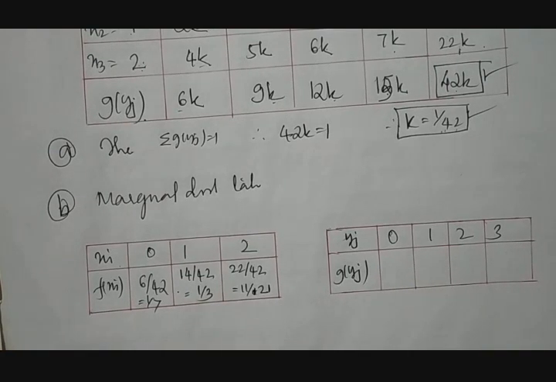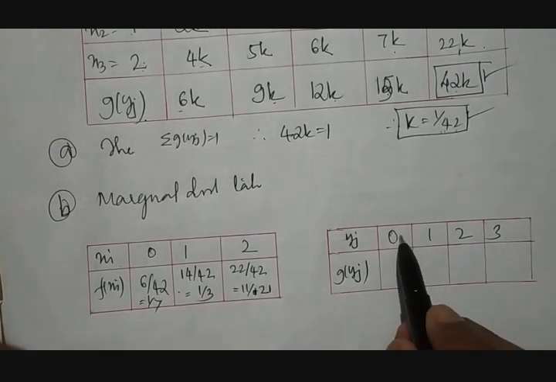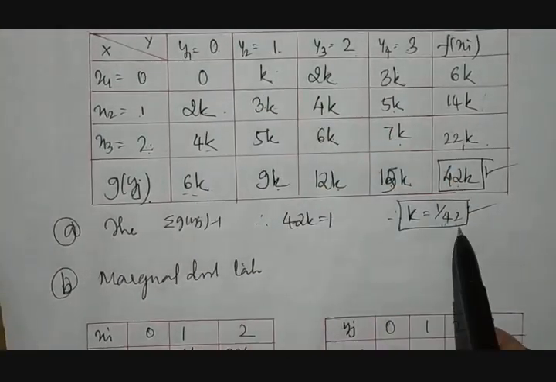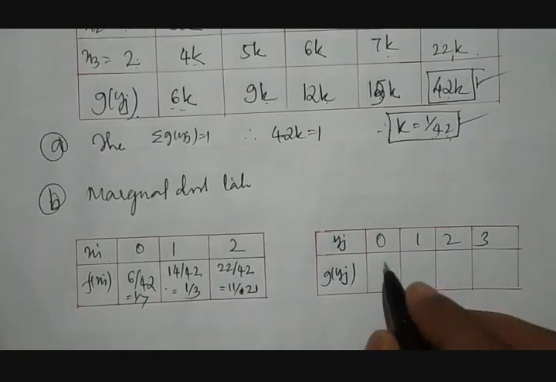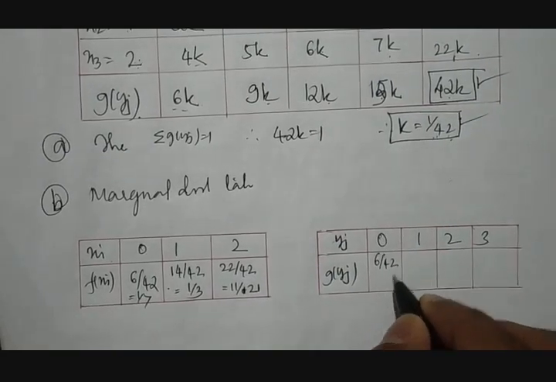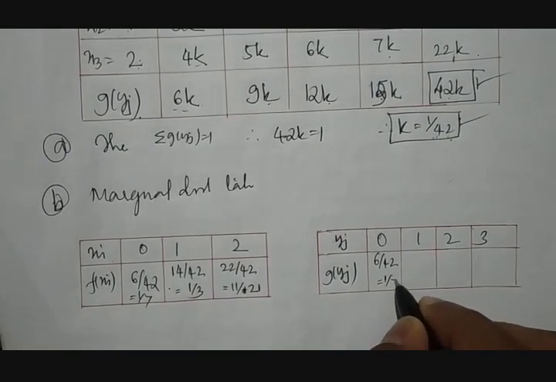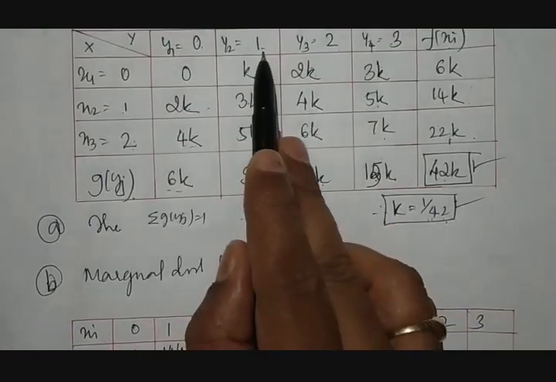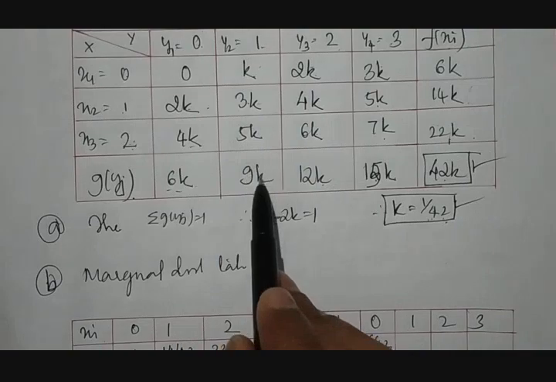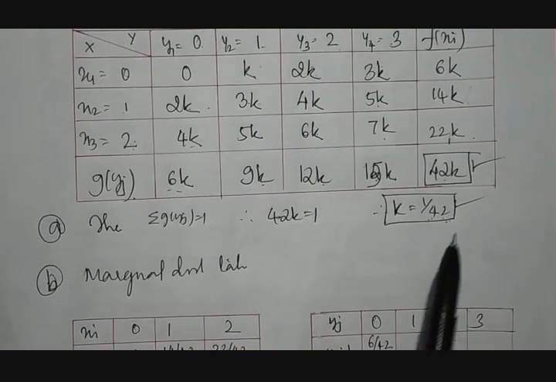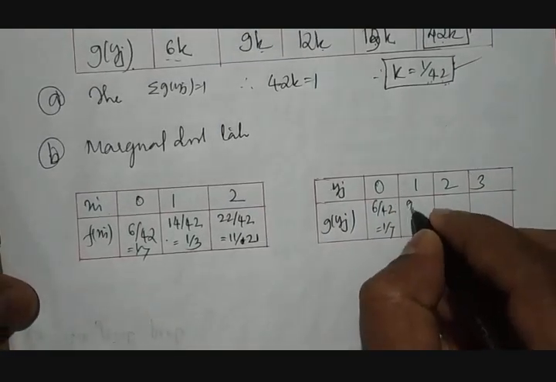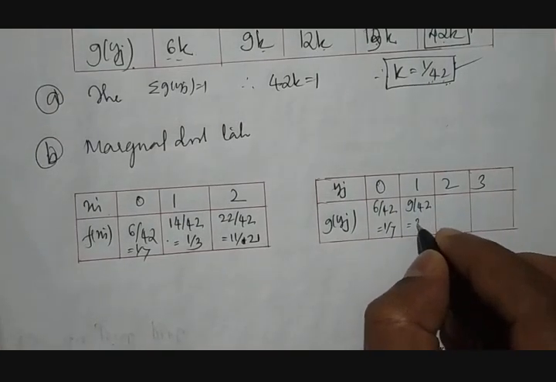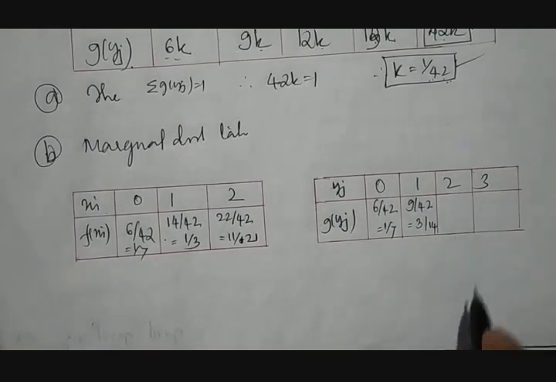Next, where y is 0, it is 6k, but k is equal to 1 by 42, so it becomes 6 by 42, which is again 1 by 7. Where y is 1, it is 9k, so it is 9 by 42, which is equal to 3 divided by 14.